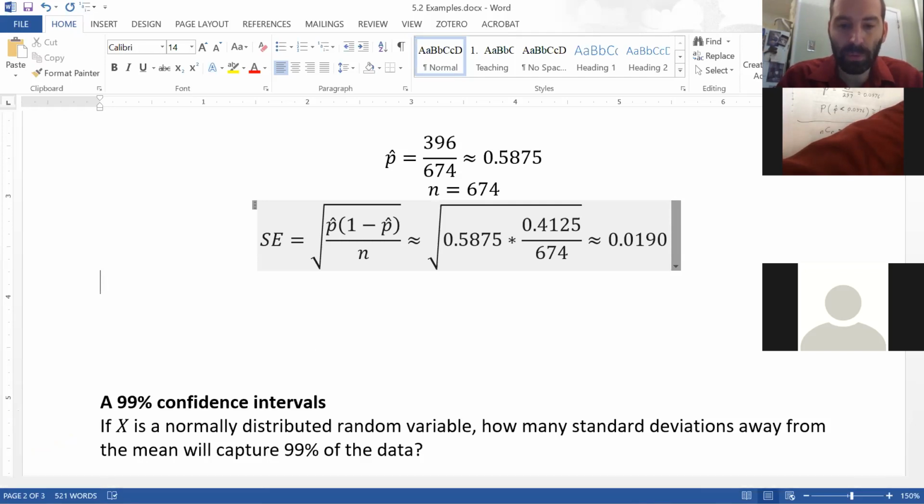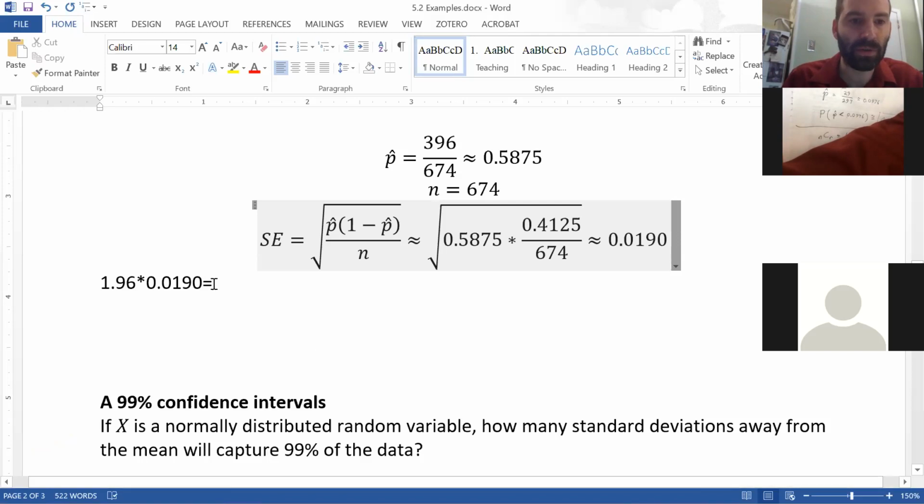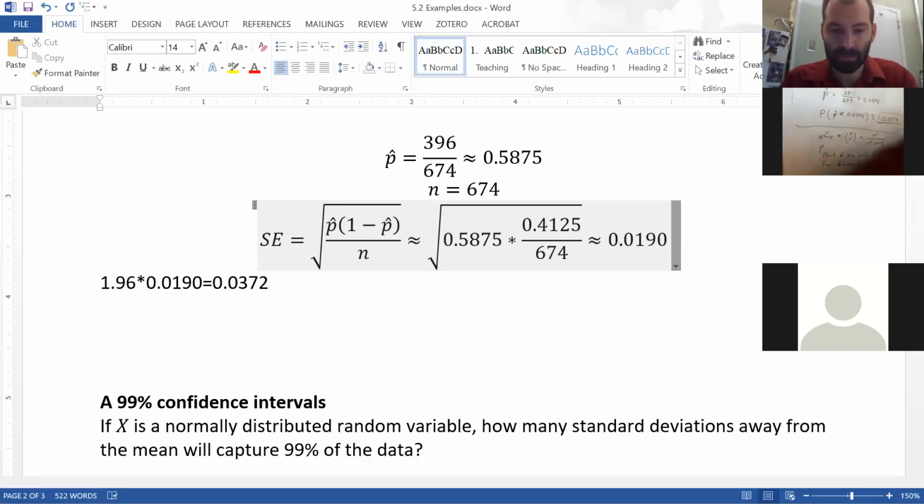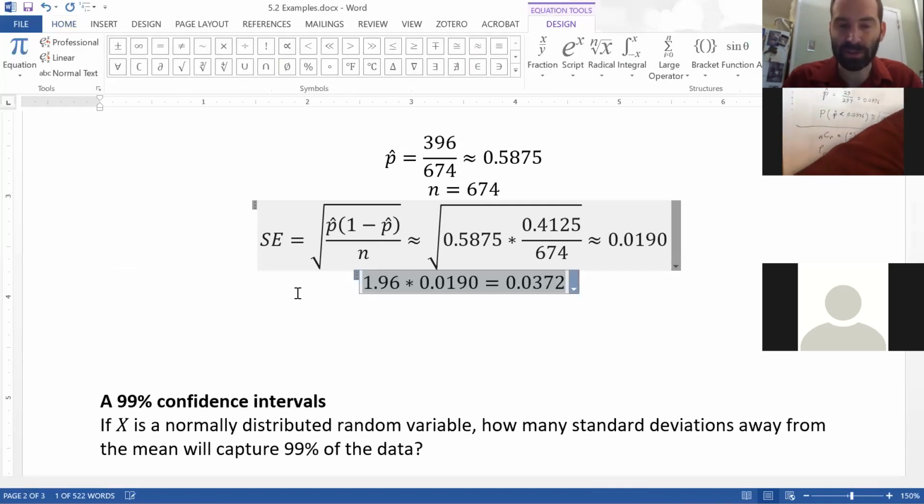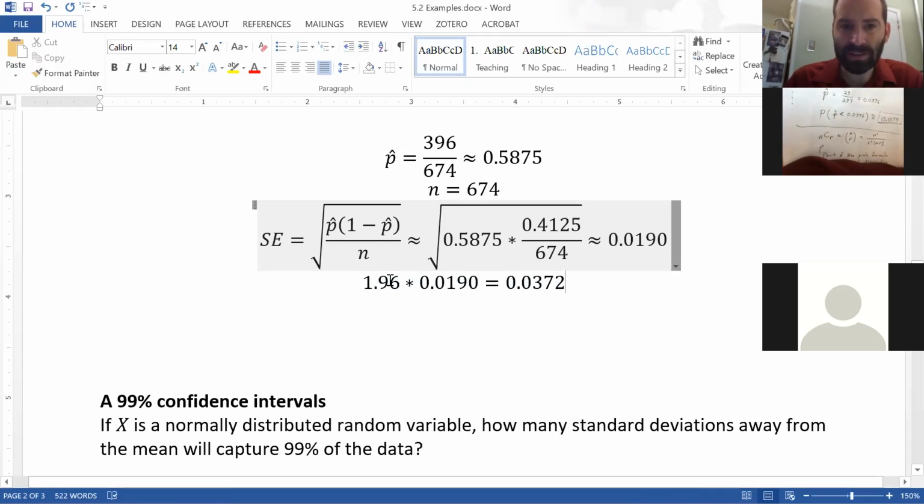So 1.96 times that is what I'm going to compute. All right. So I get 0.0372. Let me put that in the center with the rest so that it looks normal. So that's the 1.96 times the standard error.